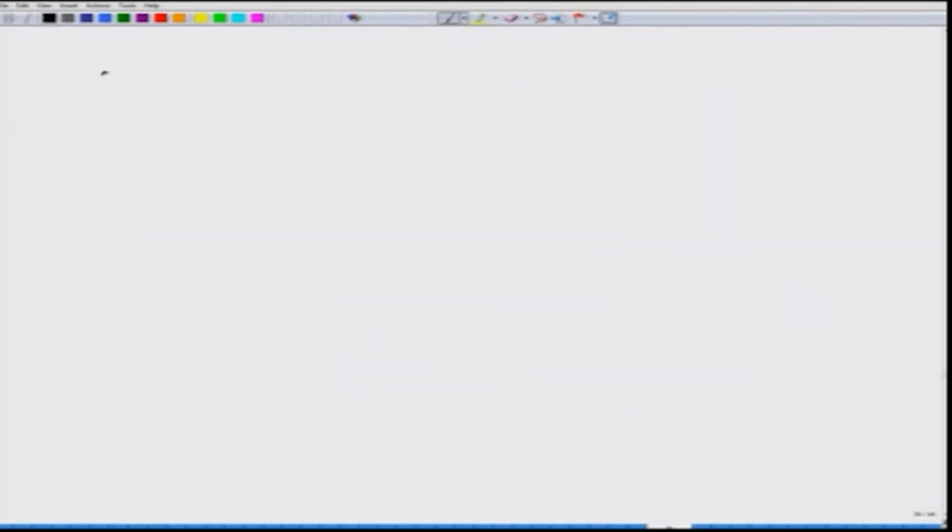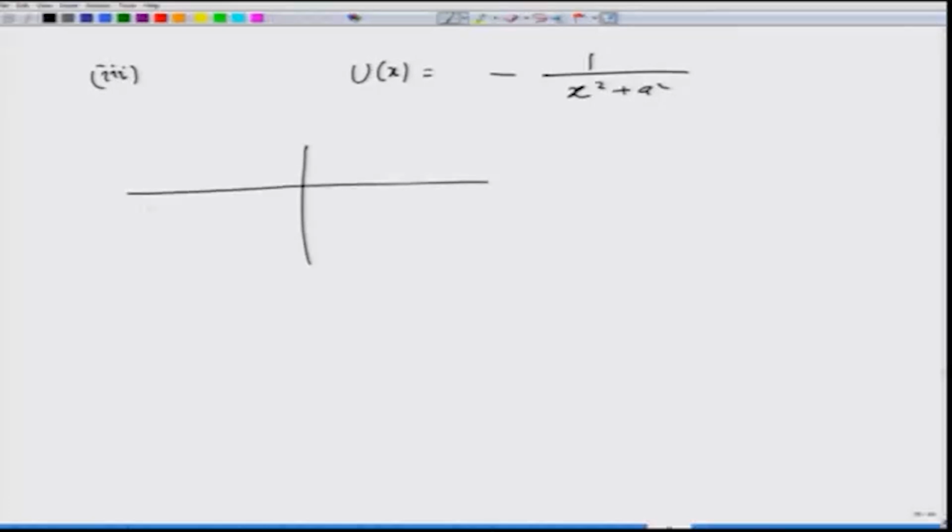In part 3, I have taken potential energy to be just negative of what it was in part 2. So, the potential energy in this case is like this. This is minus 1 over x square plus a square, and the force would also be exactly opposite of what we saw earlier.